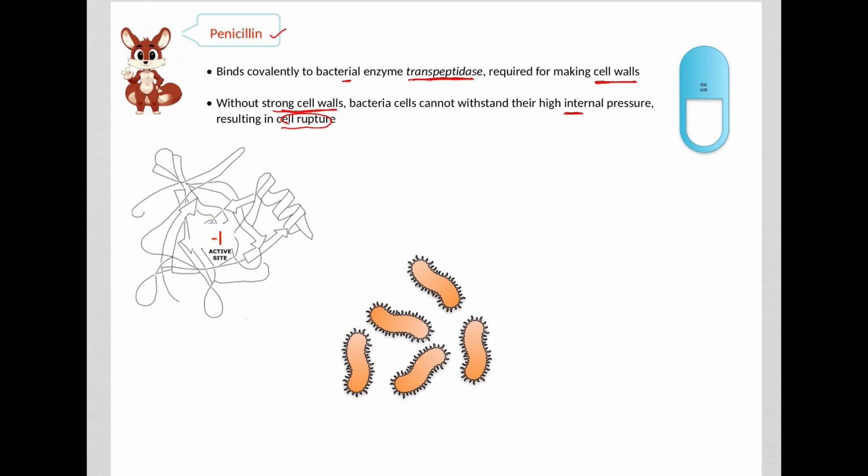Penicillin is a drug that covalently binds transpeptidase. It's an irreversible inhibitor, and this enzyme is basically dead. Without this enzyme, the bacteria cannot make the cell walls, and they cannot withstand their high internal pressure, and the bacterial cells rupture. That makes penicillin a good, effective antibiotic.